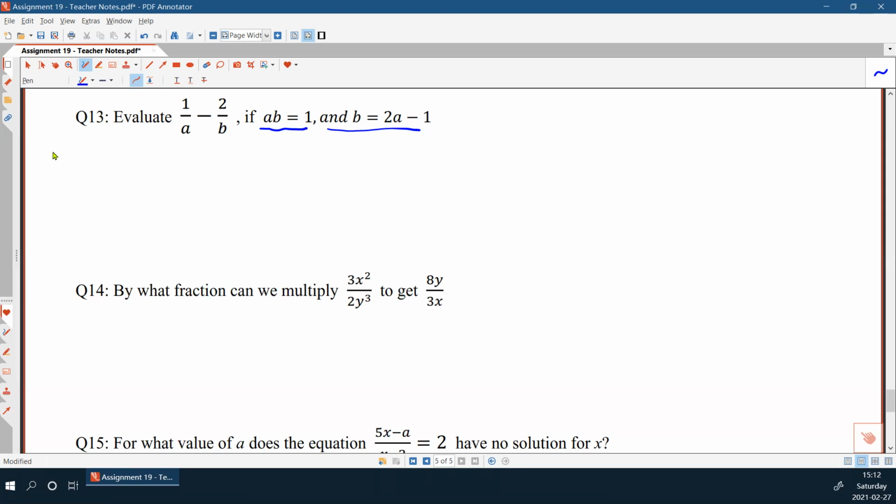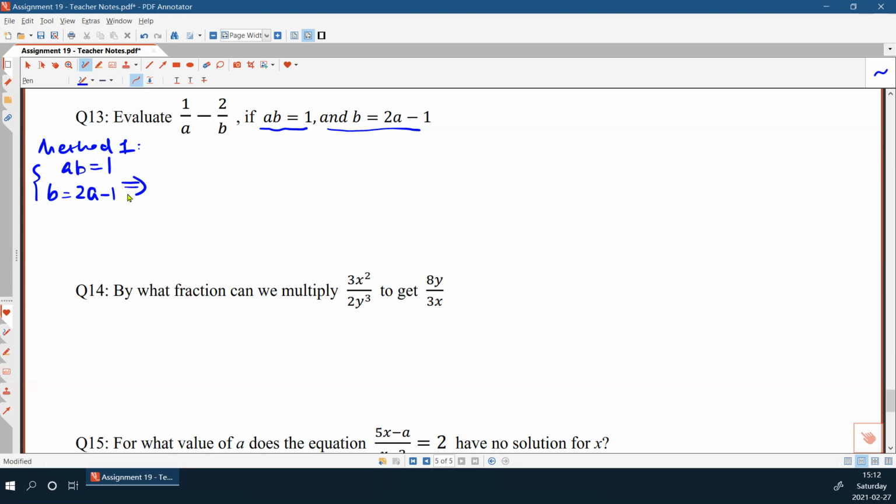Okay, first of all, method 1. If we know that A times B is 1 and B is 2A minus 1, you can substitute B with 2A minus 1.